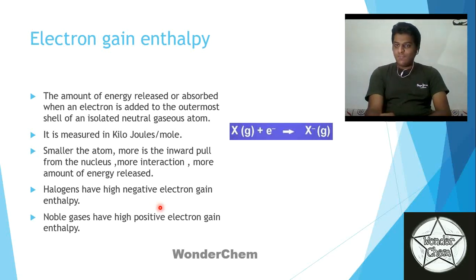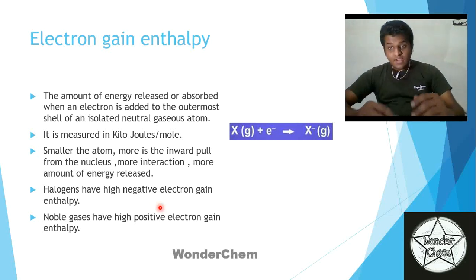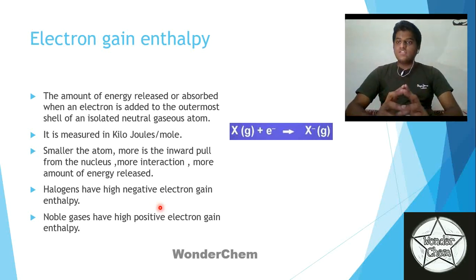Now this is again one more interesting thing. If noble gases can gain an electron, then they should be taking up that electron to the higher energy level. Let me take an example of argon. The electronic configuration is 1s2, 2s2, 2p6 or 2,8. Now that means K and L shells are completely filled.